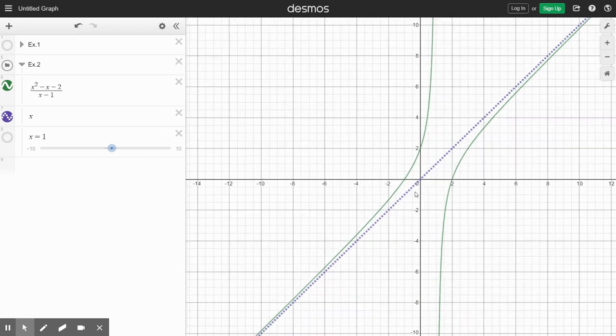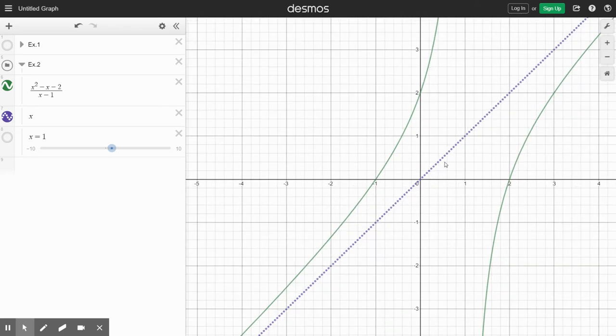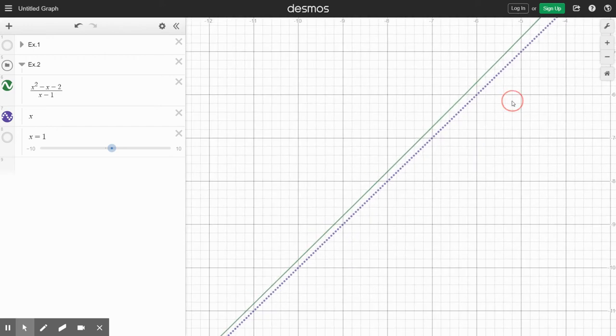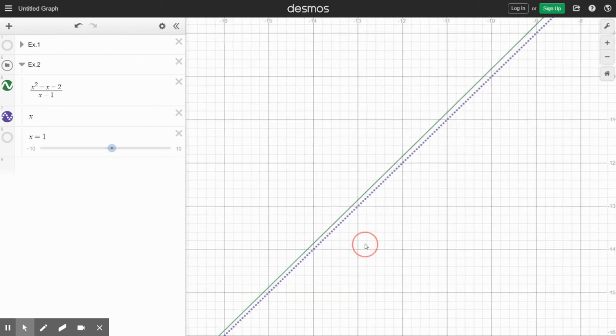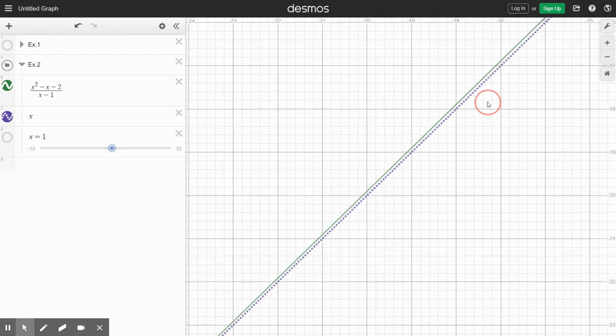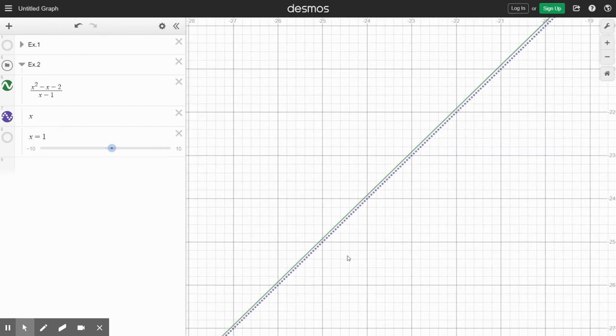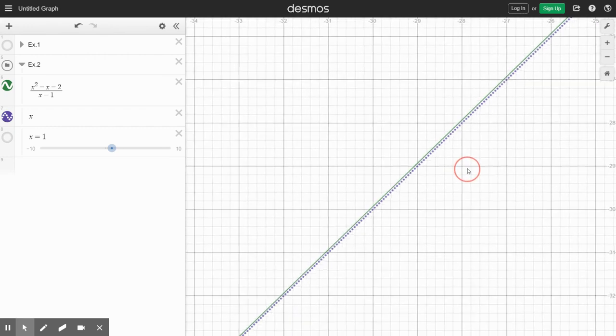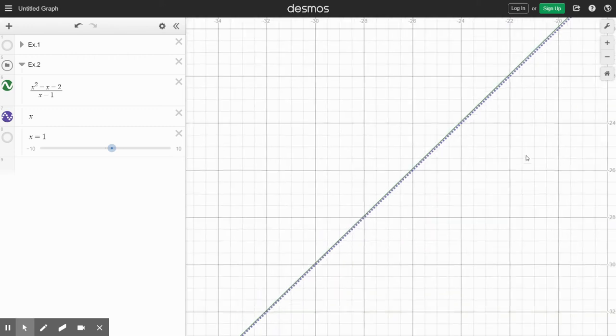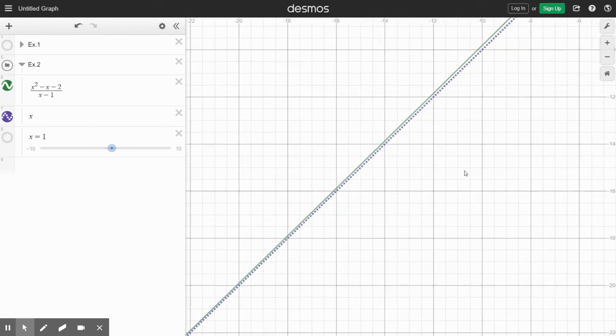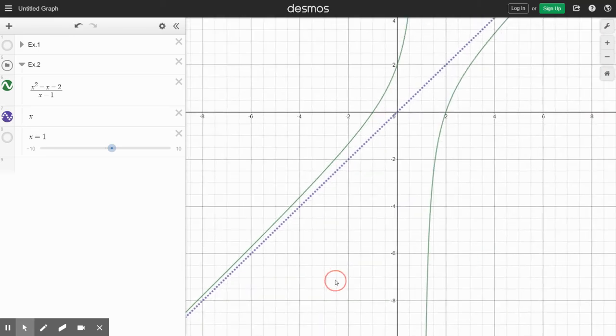And the same goes for the left-hand side. Notice the purple dotted line is my asymptote, y equals x. And if I keep scrolling to the left-hand side, my graph, shown in green, is just getting closer and closer to this asymptote. So yes, we can define a slant asymptote as y equals x.